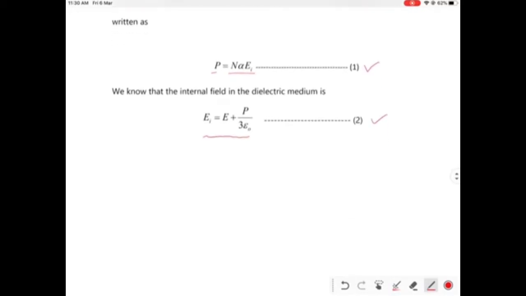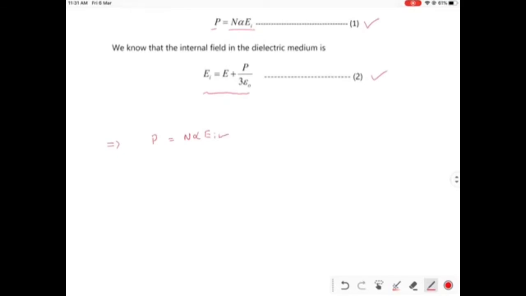Substitute the EI value of equation 2 in equation 1. Therefore, P is equal to N into alpha into E plus P by 3 epsilon naught.